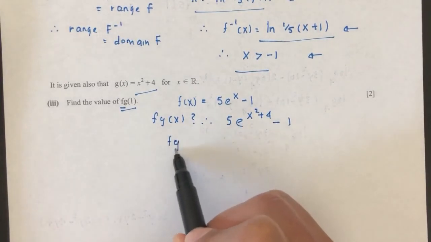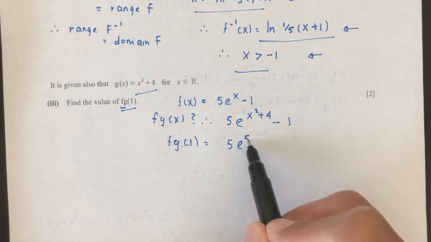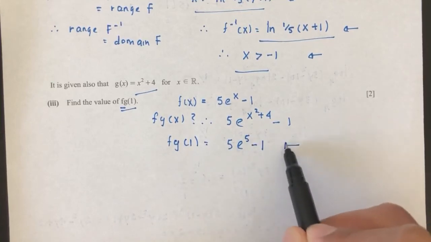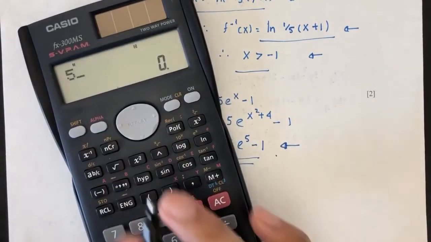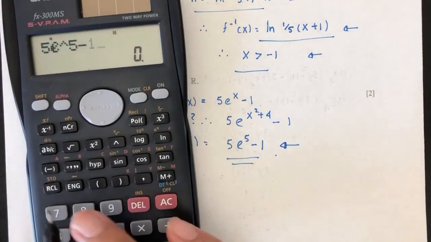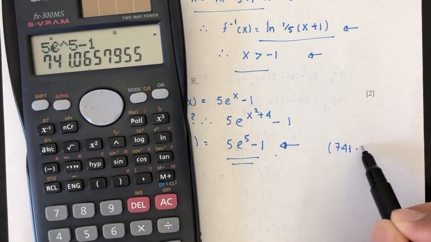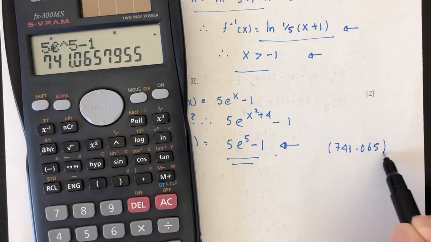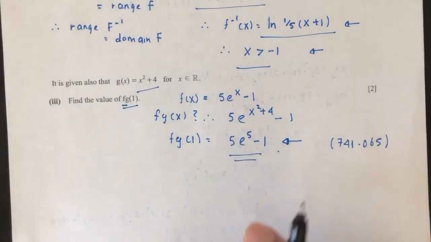Now fg of 1. So it will be 5e^(1 plus 4) minus 1, which is 5e^5 minus 1. So this will be your answer. You can also find the value, that should give you 741.065. But this is the exact value if you want it.